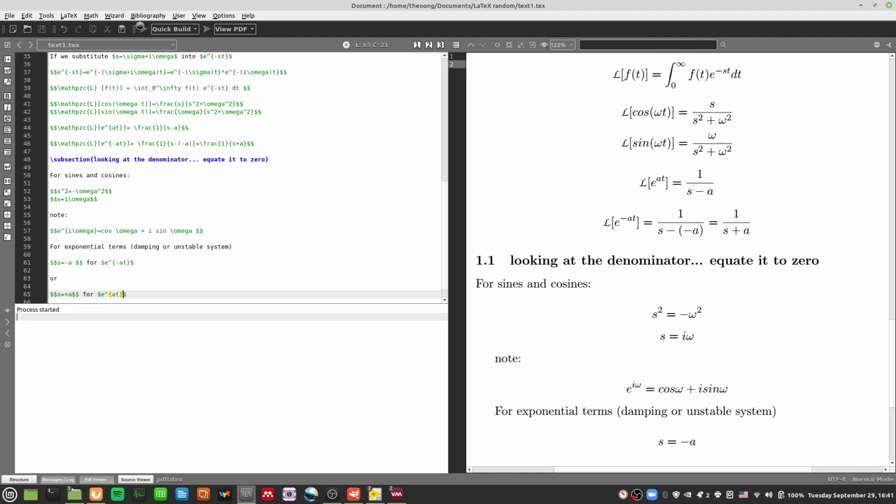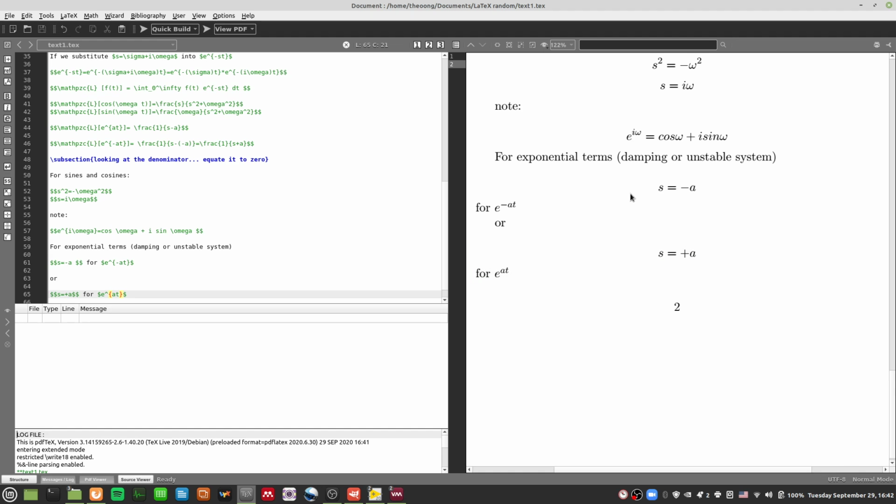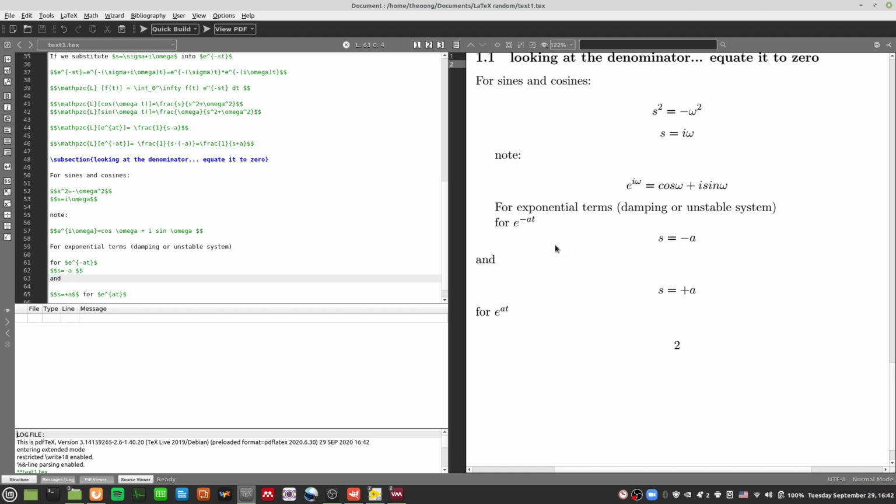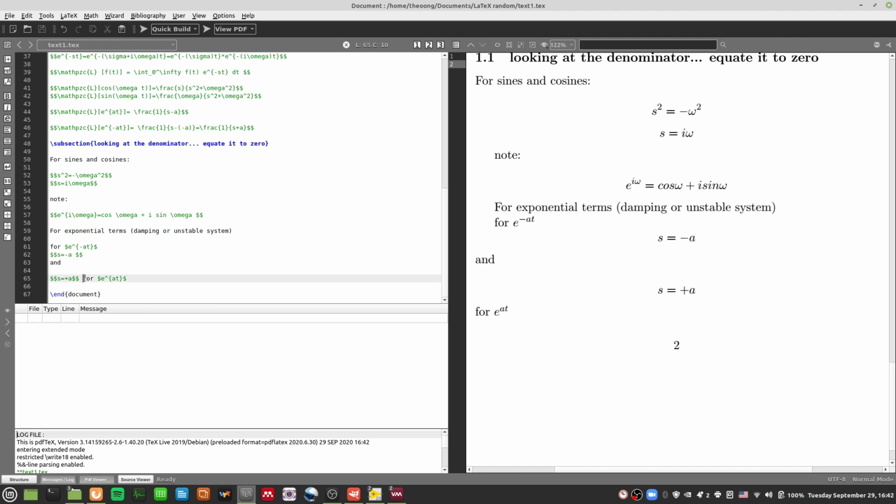So let me quickly put that down. Let me change a bit, so I'm going to switch this down here. For e to the minus at, s equals minus a. And for e to the at, s equals plus a.